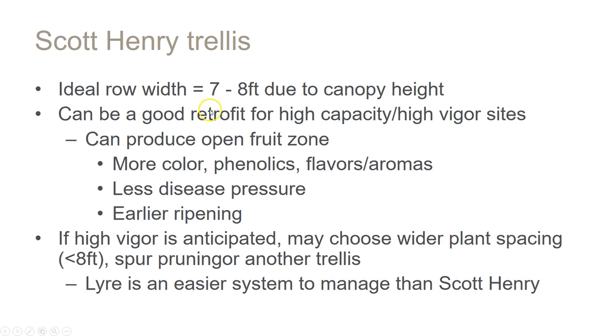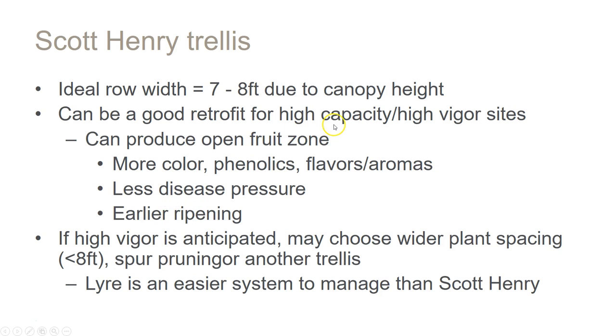Ideally with Scott Henry, we have 7 to 8 foot canopy heights and row widths. Remember, it's 1-to-1 canopy height to row width, so that we're not shading out the fruit zone in the adjacent row. Like I said, it's a good retrofit.